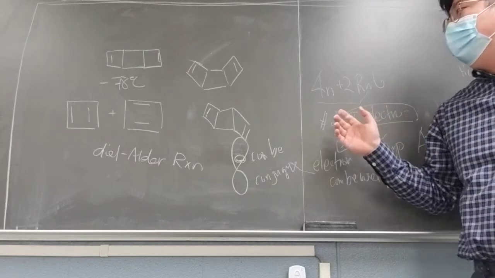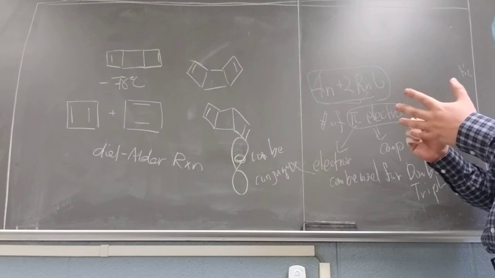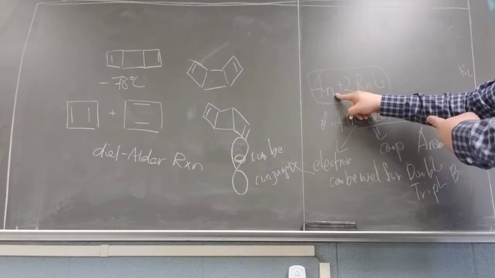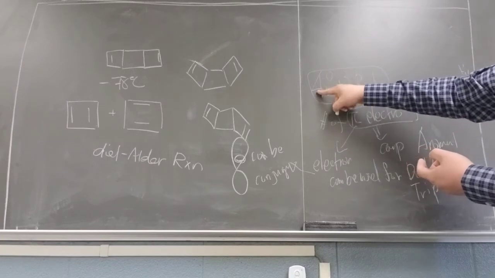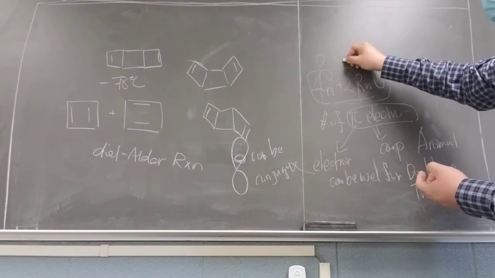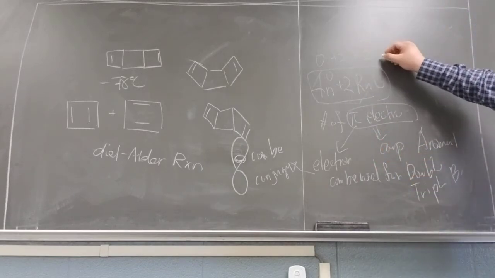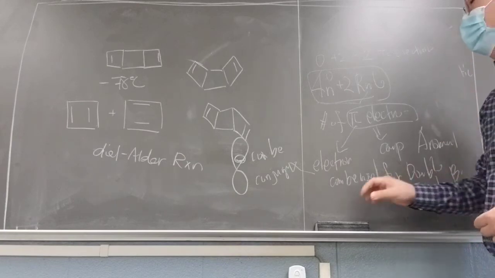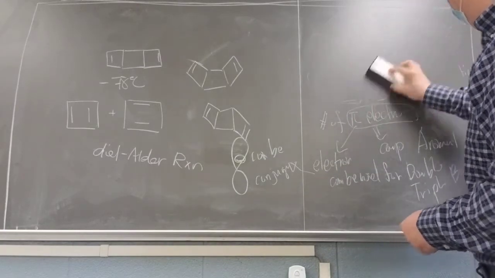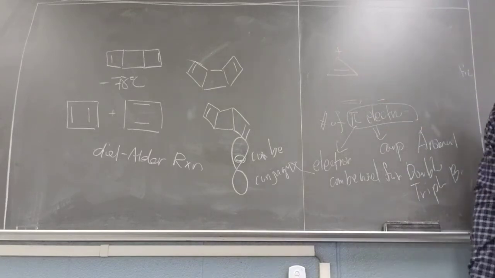But if you follow this rule, the minimum number you can have is 2, because like I said before, you can put 0 in n over here. So 4 times 0 is 0, plus 2. So the minimum number for aromaticity is 2 pi electrons. This is not in your textbook, but one example would look like this one.